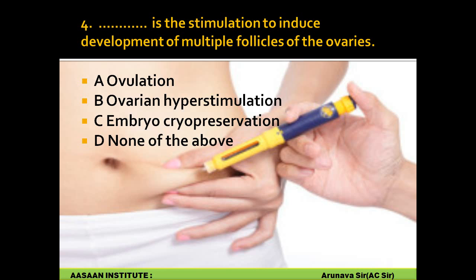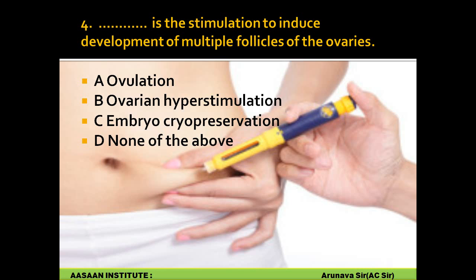Dash is the stimulation to induce the development of multiple follicles in the ovaries. One mature follicle is generally produced every month in the female body. But in the case of IVF, multiple ova are required, right? Multiple ova means multiple follicles are required.